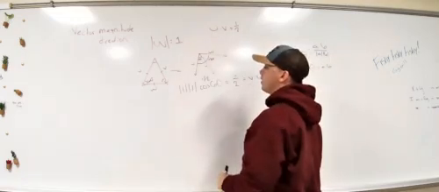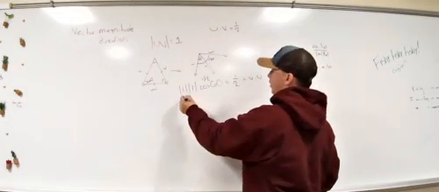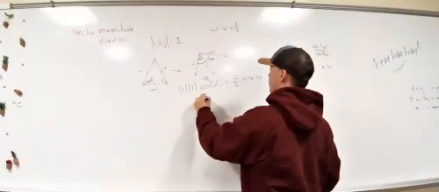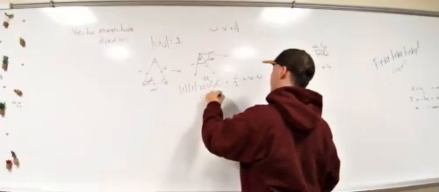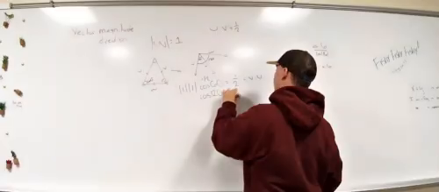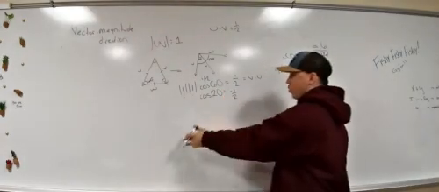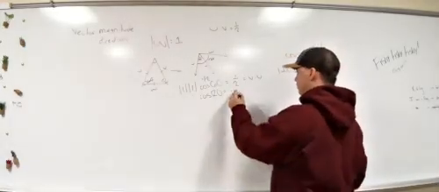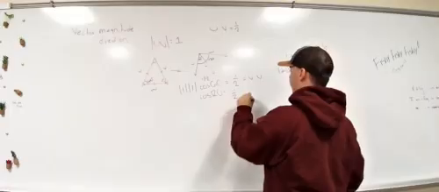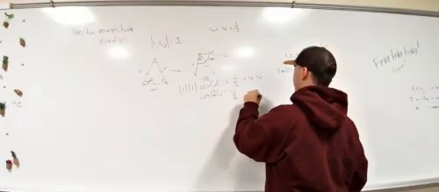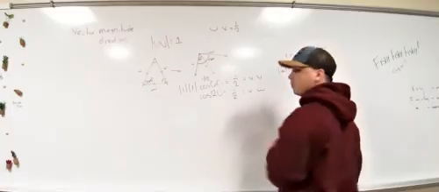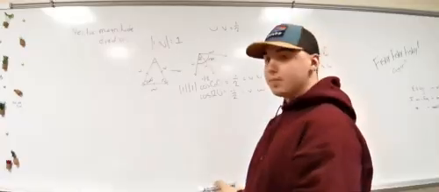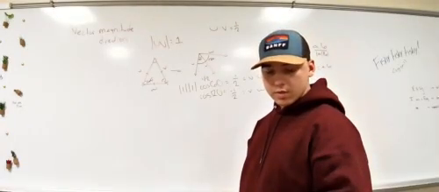And if we do the same thing, 120: magnitude 1 times magnitude 1 because of unit vectors times cosine of 120 is equal to -1/2. We just move to the next one. So the answer is -1/2. That is equal to u dot w. Easy as pie. So let's move on to the next problem.